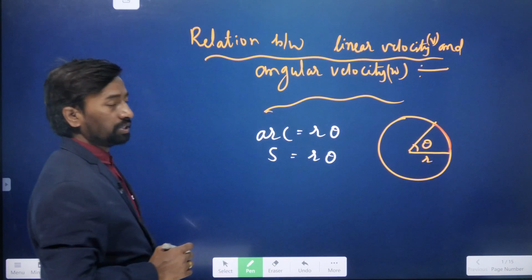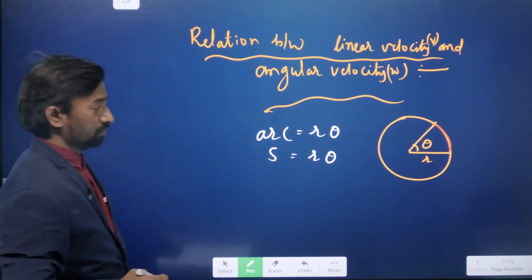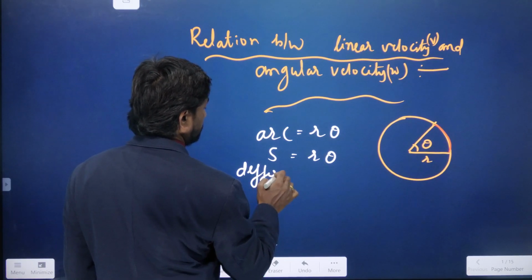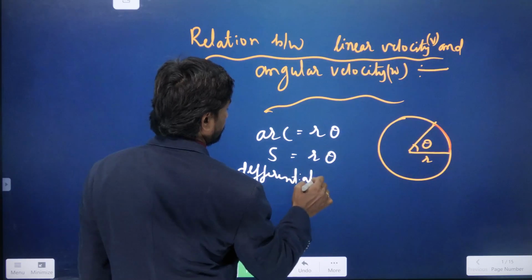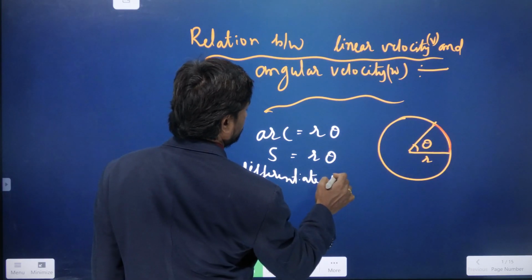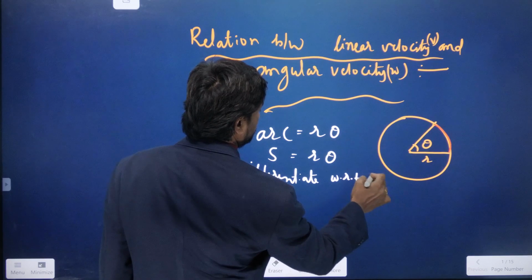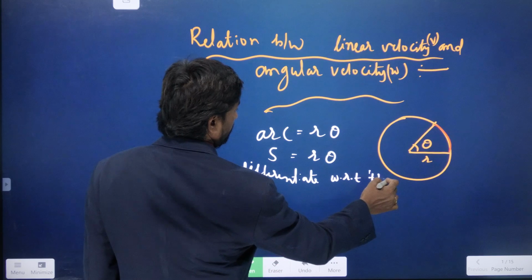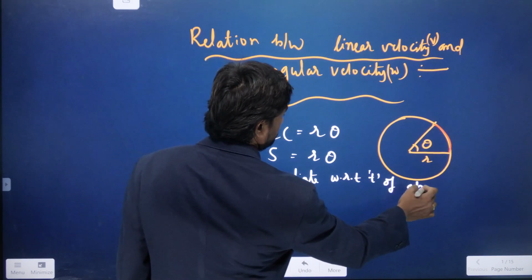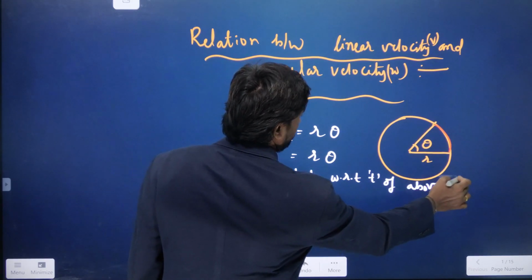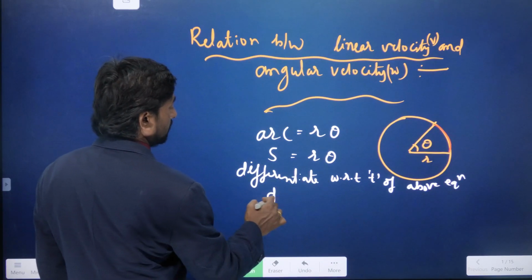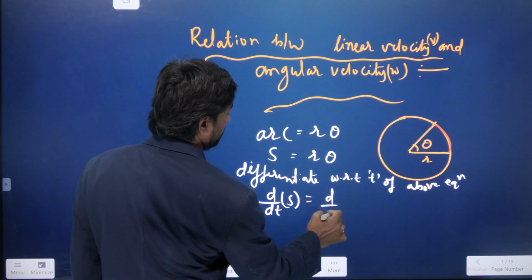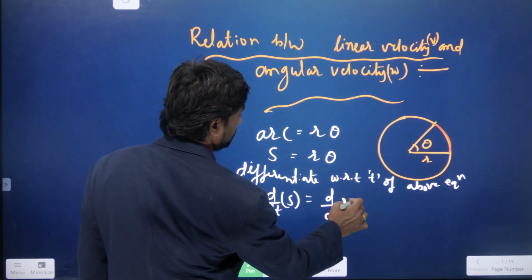So now if I differentiate the above equation with respect to t, we'll get d by dt of s is equal to d by dt of r into theta.